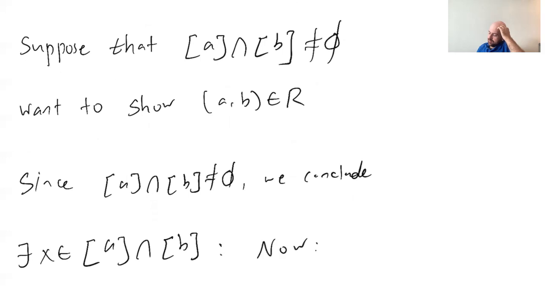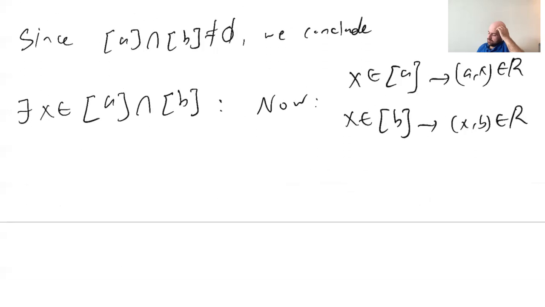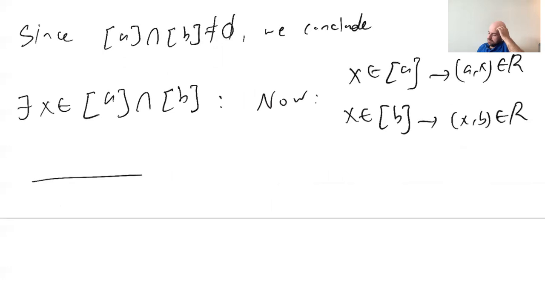Now, well, X belongs to equivalence class of A, so that means (A, X) is in R. Similarly, X is in equivalence class of B, so that means (X, B) is in R. So see, (A, X) is in R. (X, B) is also in R.